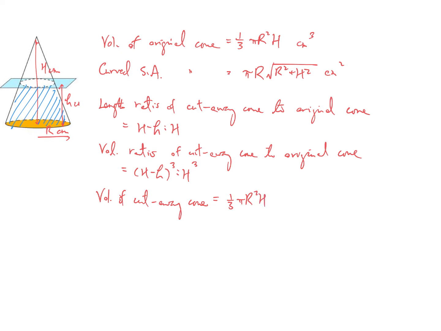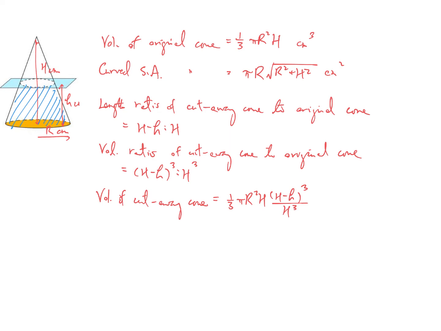So what is the ratio? The ratio is (H minus h) to the power 3 over H to the power 3. Oh, maybe I should write a smaller bracket. Okay, sorry, smaller bracket. (H minus h) to the power 3 over H to the power 3.